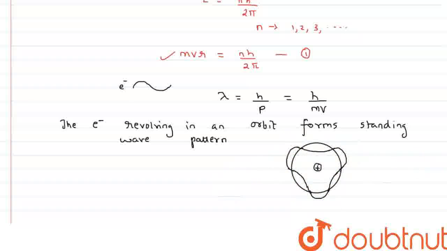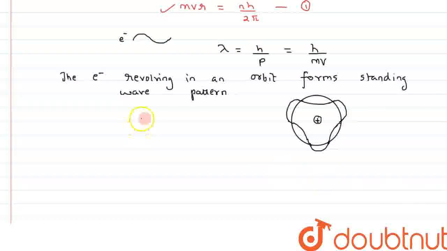De Broglie said that when our electron covers one circumference, one revolution, it covers a total distance of 2 pi r. And this distance is associated with an integral number of wavelengths. This is what de Broglie said.